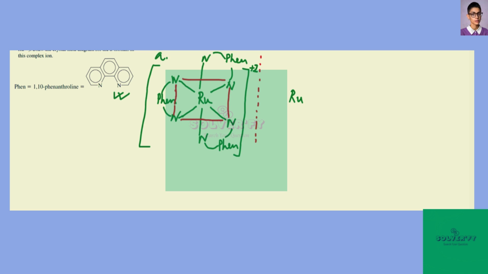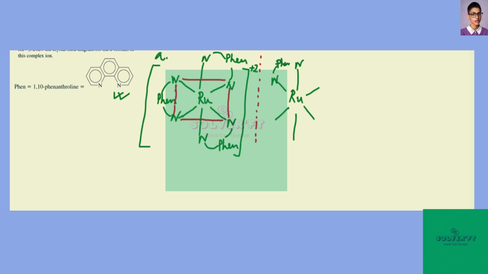Similarly, its mirror image, four bonds in the same plane. One is above the plane, the other should be below the plane, and this nitrogen and this nitrogen are joined together.